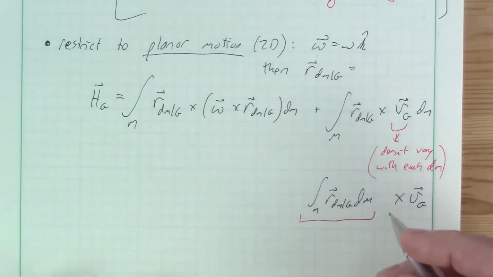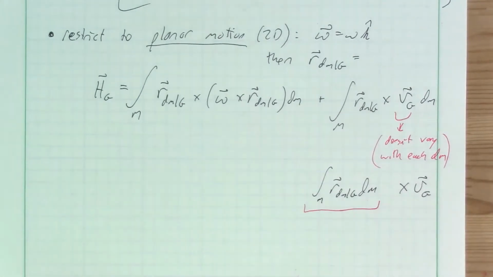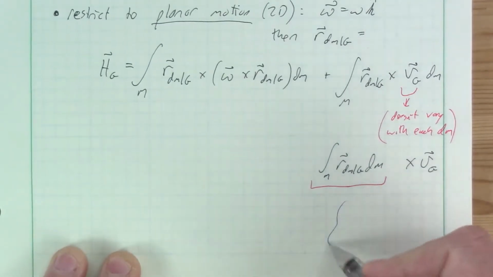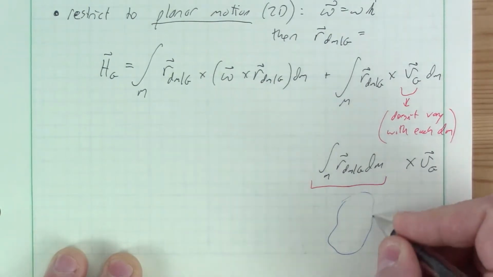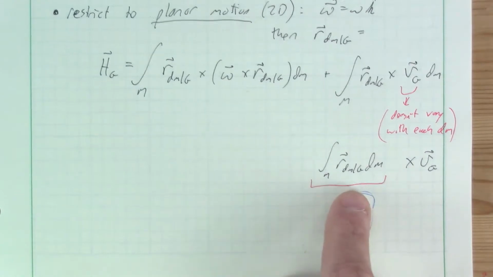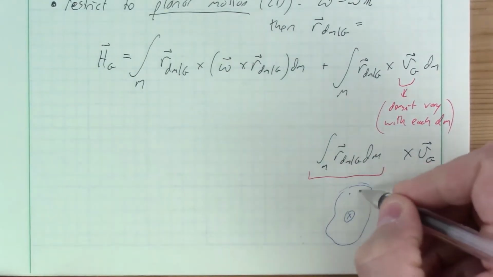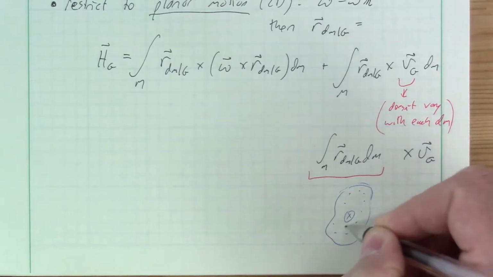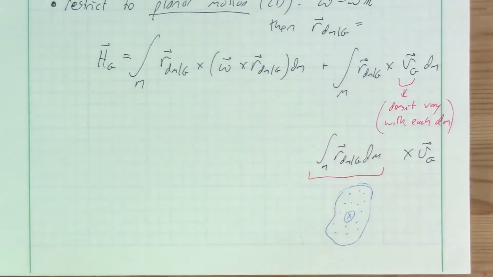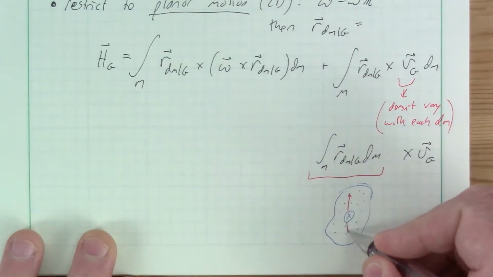Think of this. Take your object, take your blob, there's our center of mass, and these are now relative position vectors going to each little dm. Remember, each dot in here would be a dm, and you're accumulating all those position vectors. So you have that one going over there, and that's canceled by something going over here.